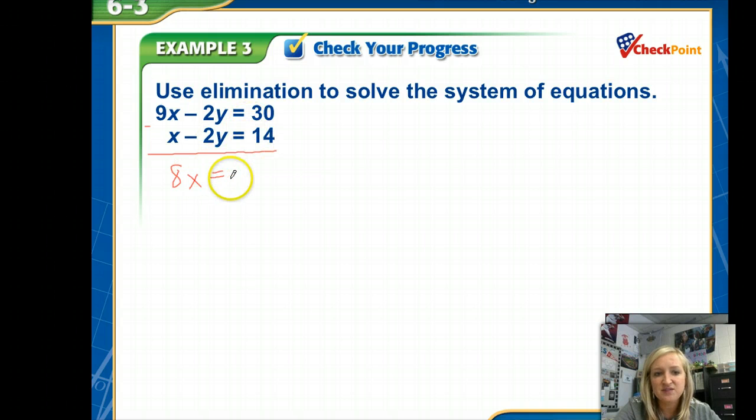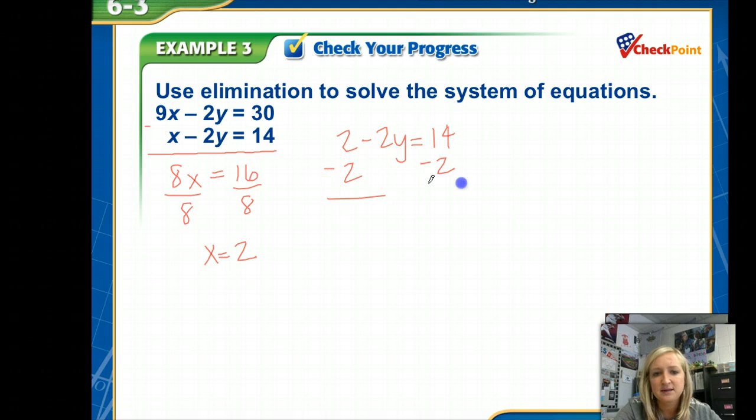And 30 minus 14 is 16. Divide both sides by 8, and you get x to equal 2. Plug it back in. I'm going to use the second equation. 2 minus 2y equals 14. Subtract 2 from both sides. Negative 2y equals 12, so y equals negative 6. So where do these two lines intersect? At 2, negative 6.